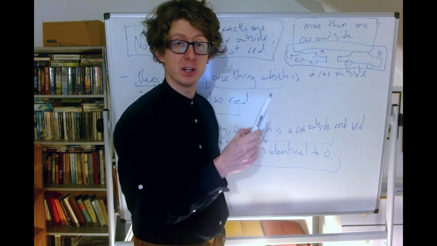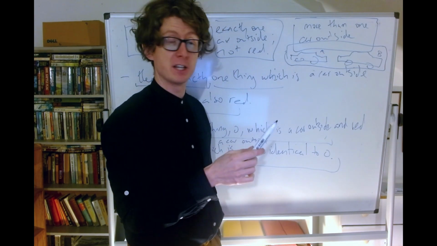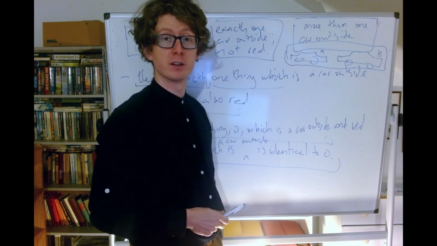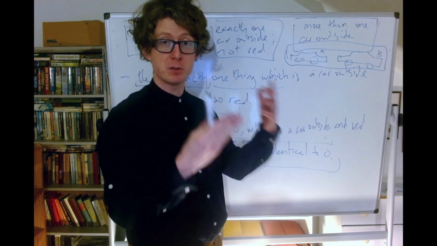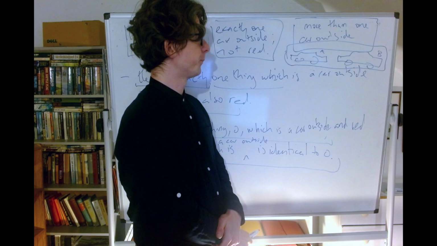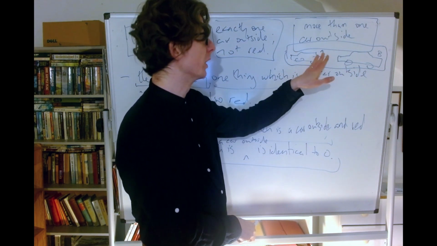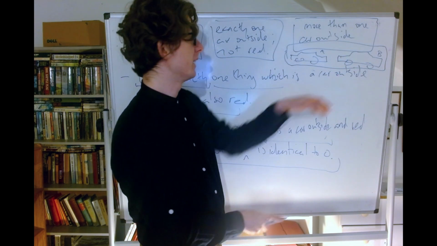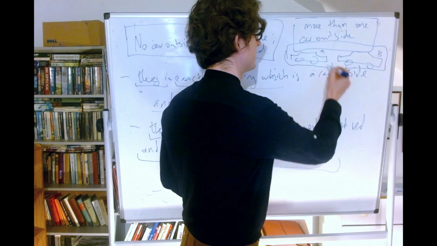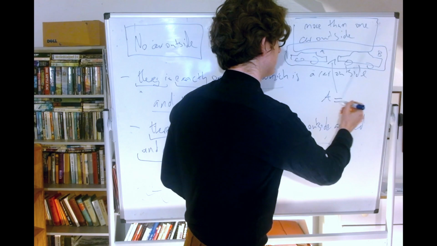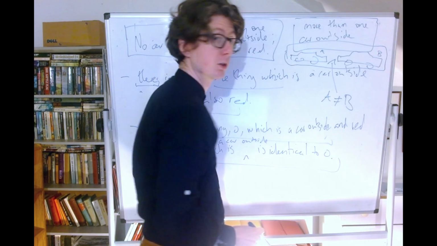I mean, literally identical. Because if they were literally identical, then there would just be one car. If there's going to be two cars, they have to be distinct. So in this situation, since we're saying that there are two cars, A and B have to be different cars. We know that A does not equal B. They're different objects.